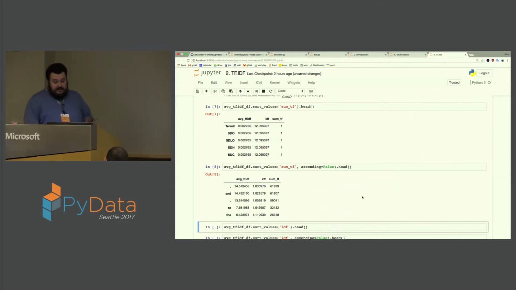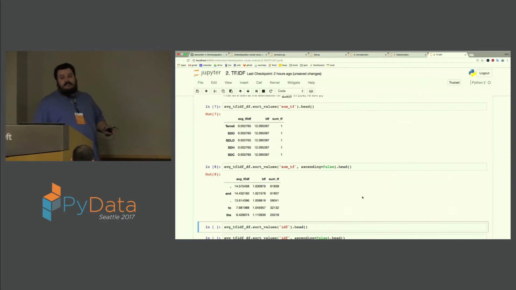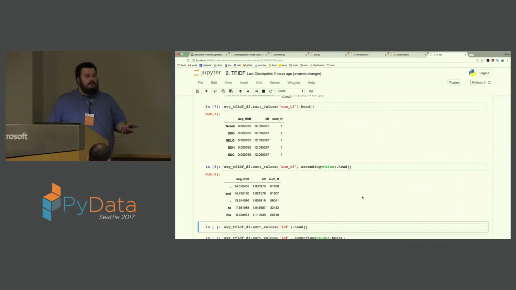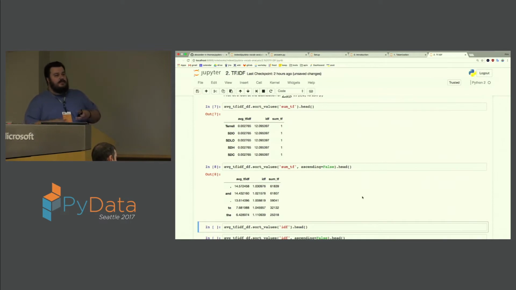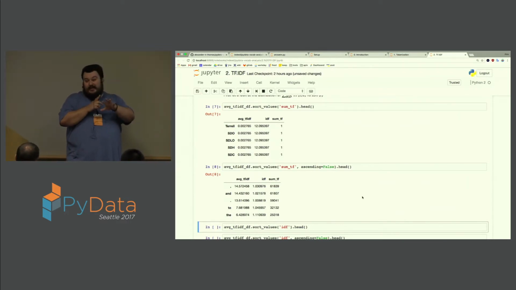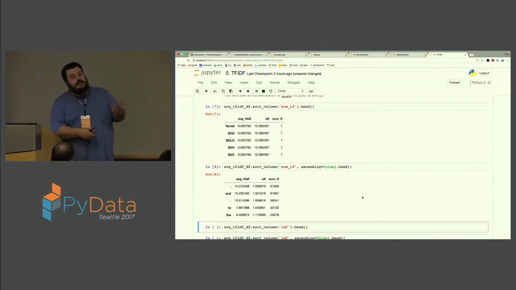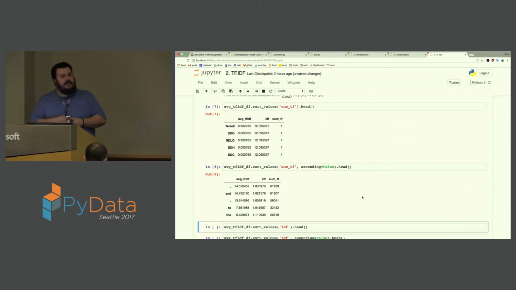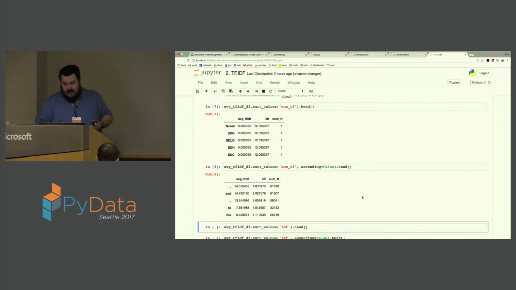What do we expect for low values of IDF? We expect sort of a contrary behavior between IDF and TF. If it has a low IDF, that means it occurs in many documents, so we'd expect similar words as those that had very high TF.